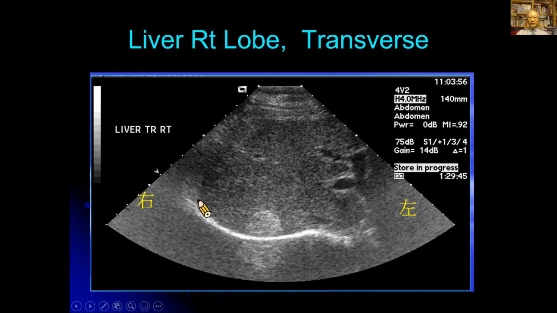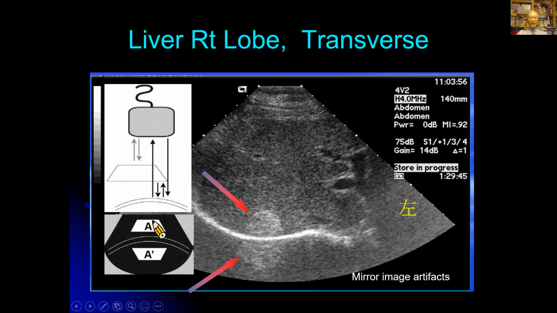Here, scanning the liver right lobe, you can see a hyperechoic structure. It should most likely be a hemangioma, but here you can see another one. Actually, this is not a real one. There's a reflection from this real structure, so there's a pseudo hemangioma above the hyperreflector. The hyperreflector here is the visceral pleura or lung.